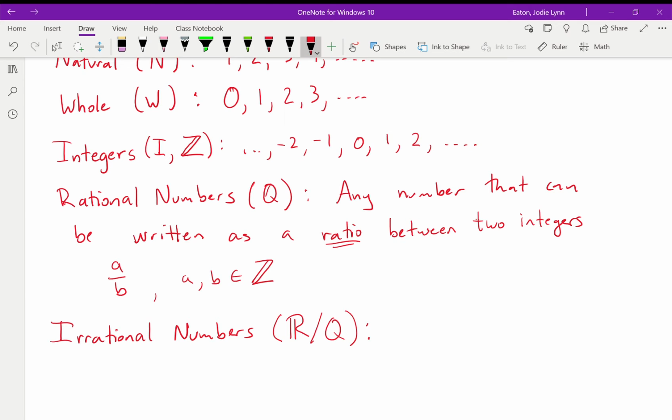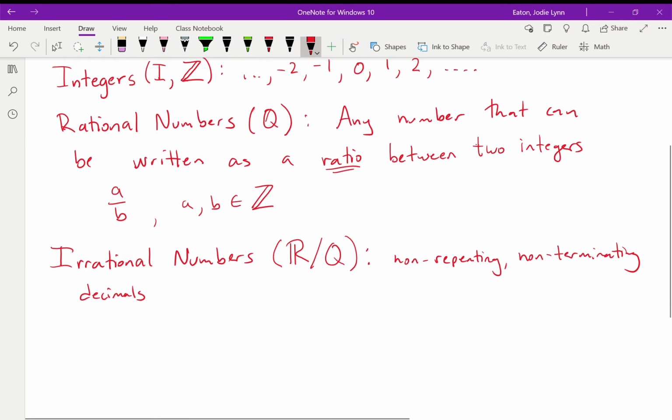So the numbers that you will not be able to write as a ratio are going to be non-repeating, non-terminating decimals. There are two different kinds of irrational numbers we're going to see. We're going to see numbers like the square root of 2.